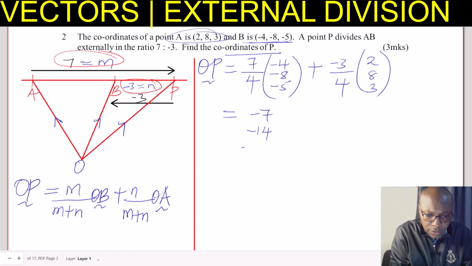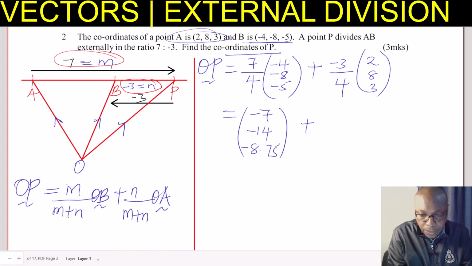This will be negative 8.75, like that. Then plus negative 3 over 4 times 2, that will give negative 1.5, and negative 3 over 4 multiplied by 8, that will give negative 6. Negative 3 over 4 multiplied by 3, that will give negative 9 over 4, which is negative 2.25, like that.